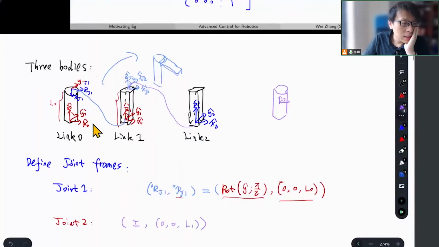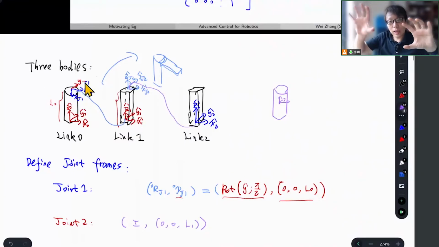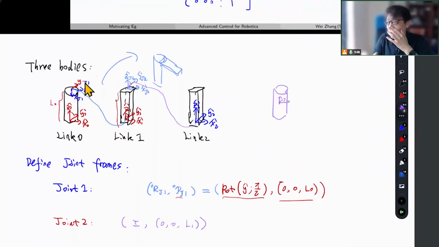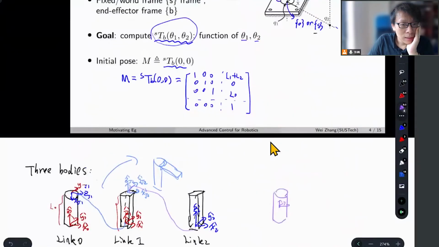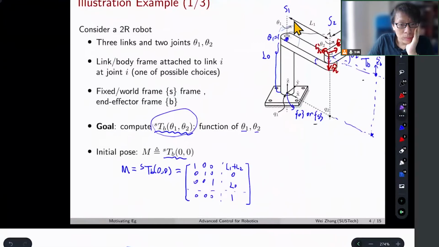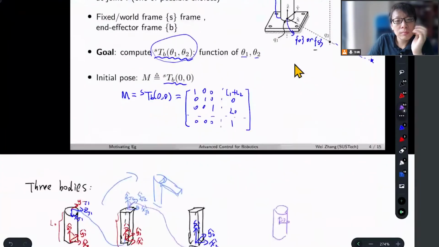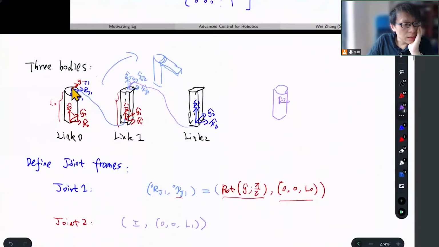Fuzhen, I'll ask you, what's the rotation axis here? Because these two frames become the same, right? You align these two bodies by connecting these two frames. What do you think the rotation axis is in this case? According to this joint frame, what's the rotation axis?